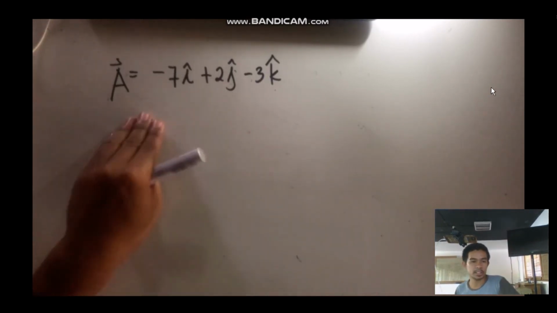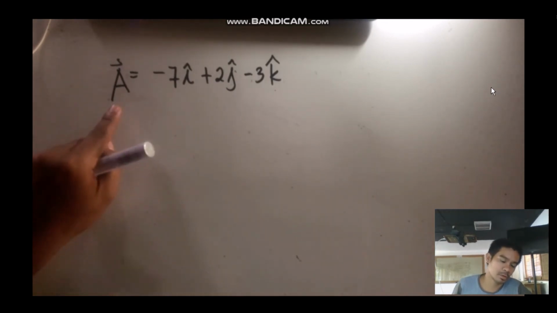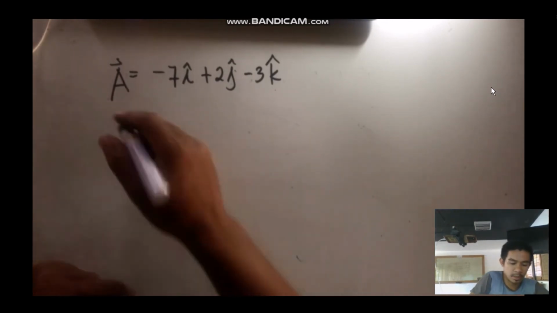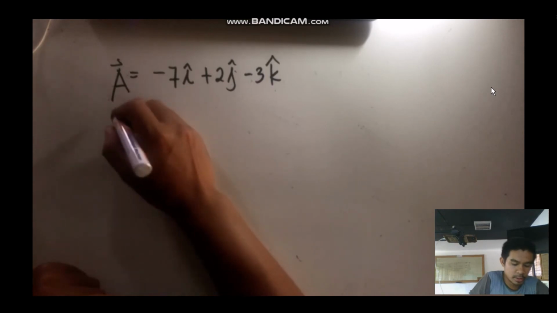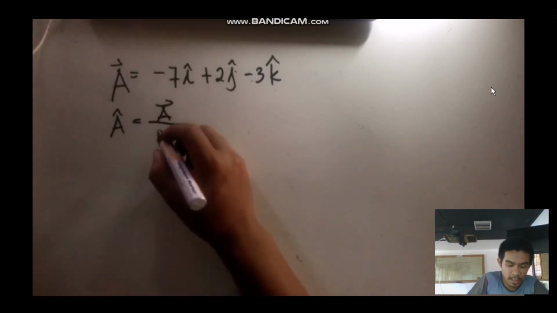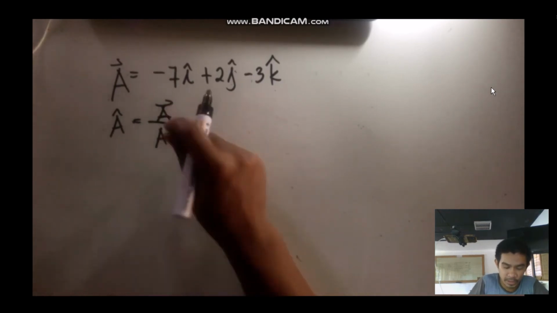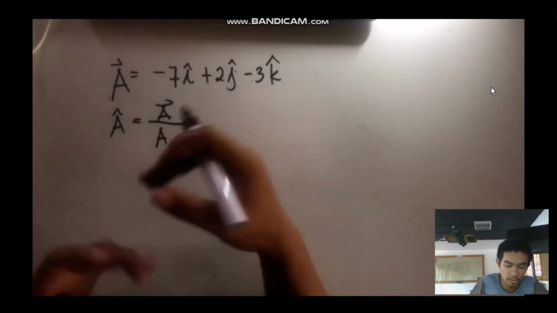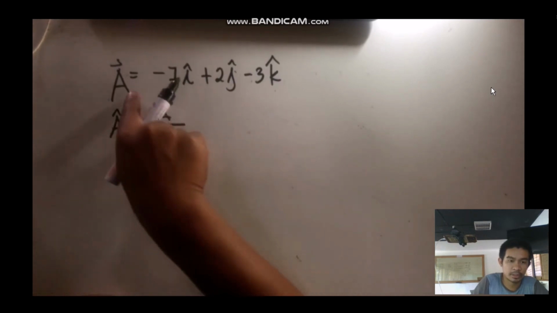What is the unit vector of vector A? Again, the unit vector A is the vector itself over its magnitude. What's the magnitude? We don't know, so we will look for the magnitude of vector A.